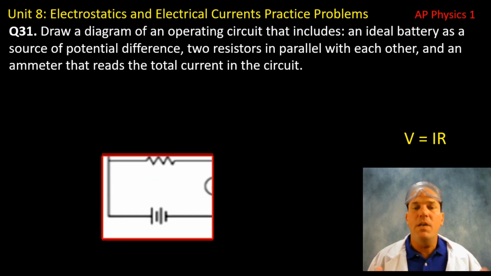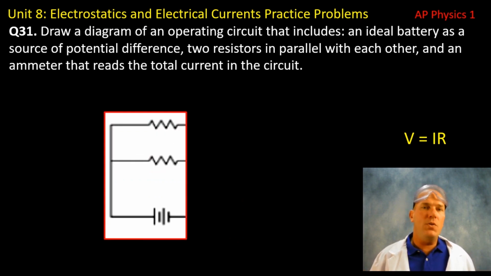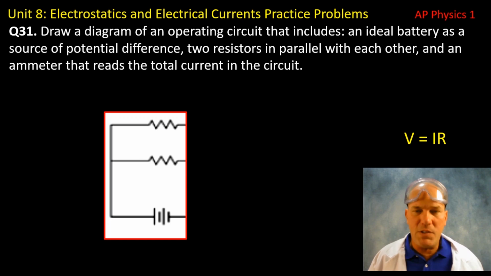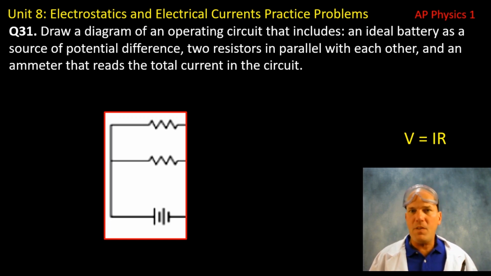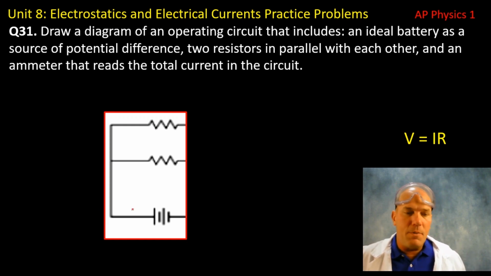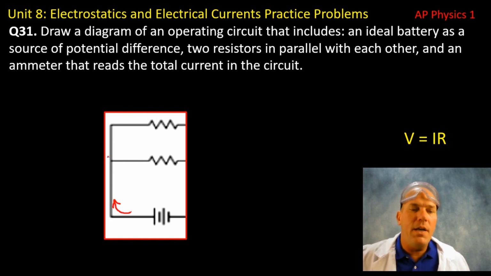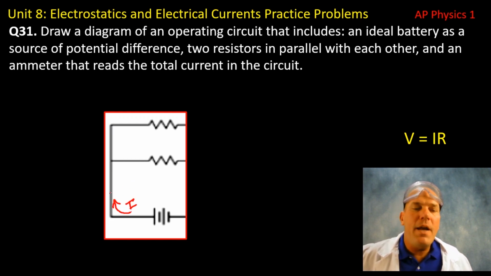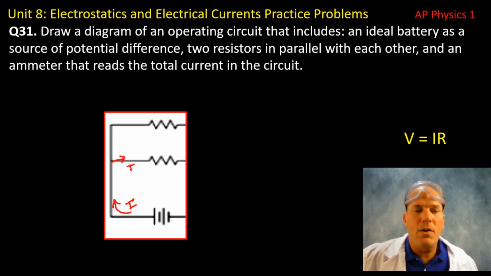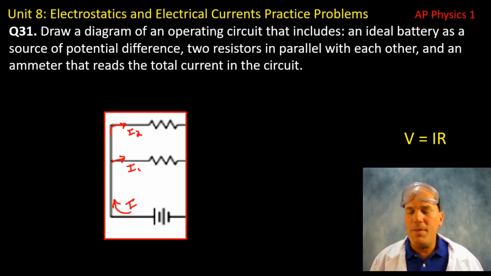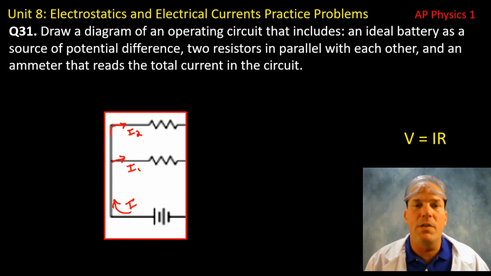the potential difference. Then we have two resistors, and they're parallel. So your diagram could be very different, but you need to make sure that when that current comes out and goes this way, there is a branch where some of the current, call it I1, goes this way, and some of the current, I2, goes the alternate path, and then they will recombine to complete the circuit.